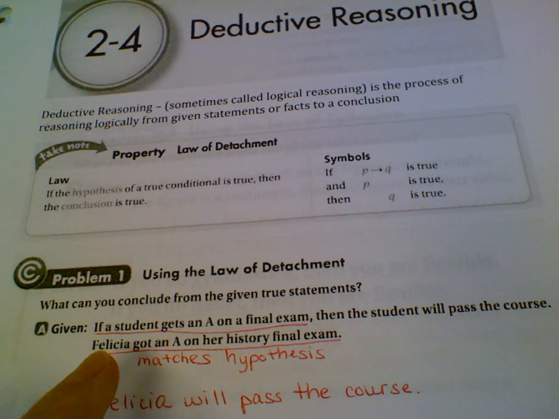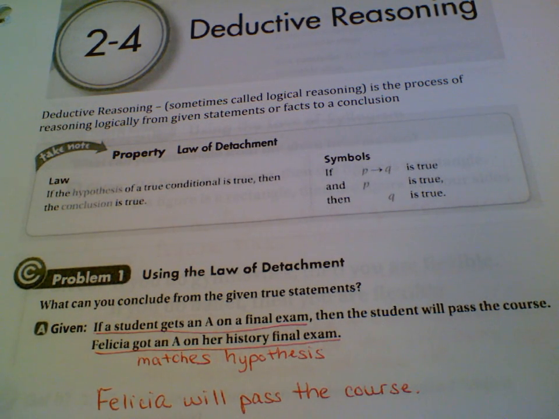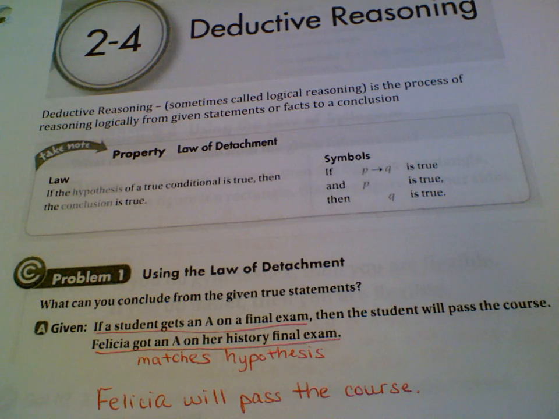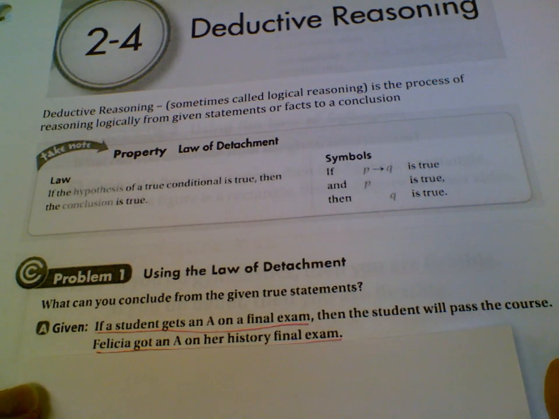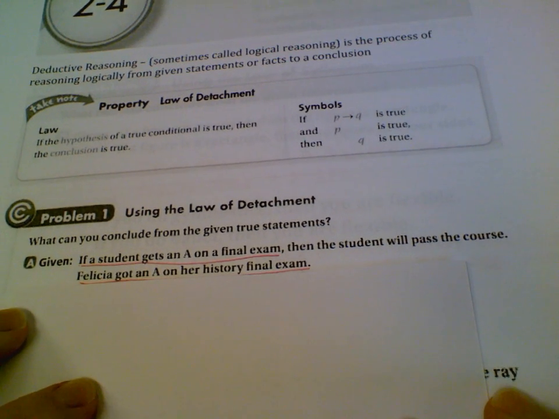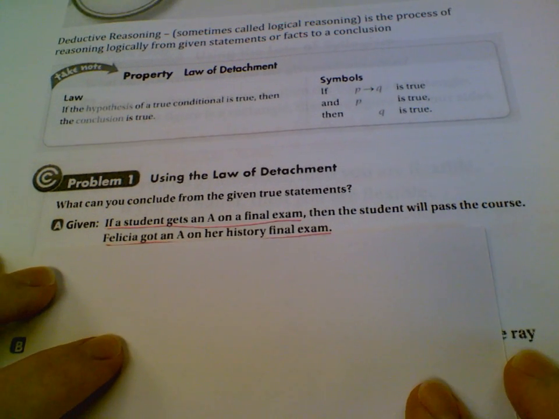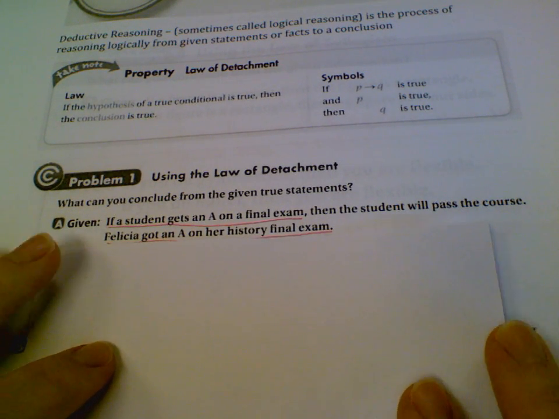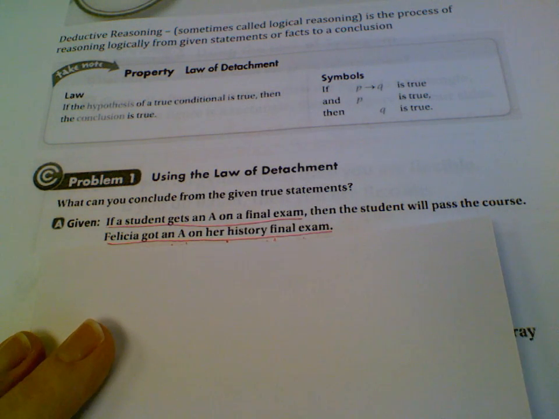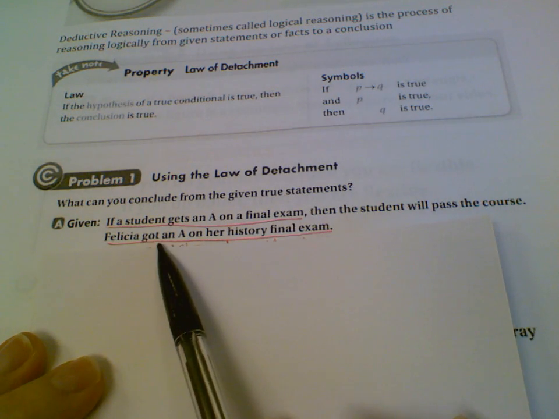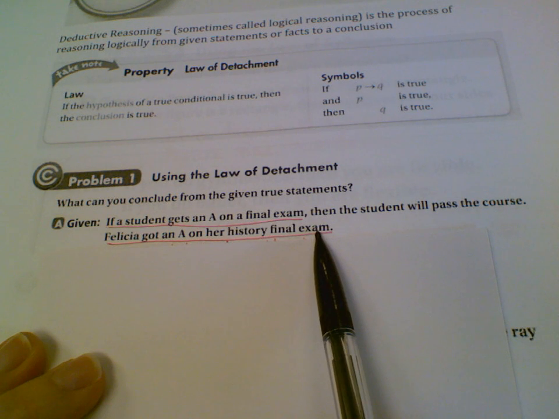So it asks what we can conclude from the given statements. It gives you an if-then statement. So it says, if a student gets an A on a final exam, then the student will pass the course. Then it will also give you a second statement, and in this case it says, Felicia got an A on her history final exam.